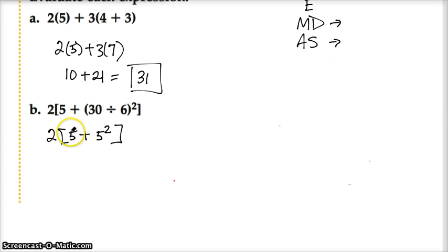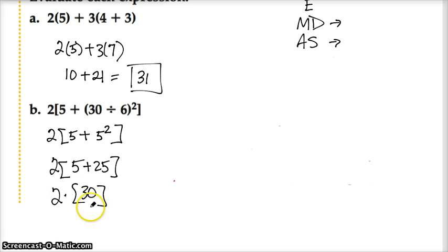So within the bracket I get 5 squared, which is 25, plus 5. 25 plus 5 gives me 30. I handled what was in the bracket. Now I can deal with this 2 on the outside, and the only thing that's happening here is a bit of multiplication. So 2 times 30 is going to give me 60, and 60 is my final answer.